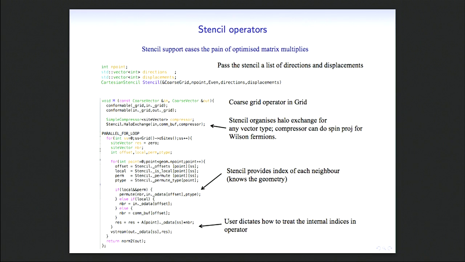And you'll note clever things like we can also use streaming stores in the output and so on to accelerate the application. So this actually, believe it or not, is not as pretty as the C-shift based code, but this is the high performance code out of the library. So it's not impossible to write.